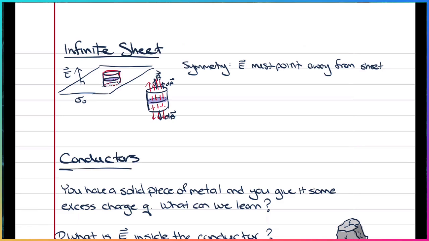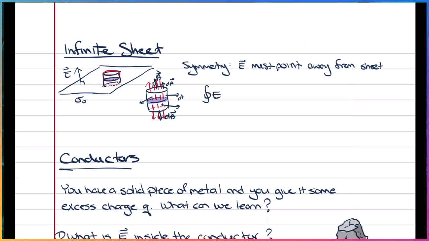But then for the sides, the part that goes around here, the electric field does not go through the sides of the cylinder. Because dA would point this way, or this way, or this way. And the electric field only is vertical, so there's no flux through the side.